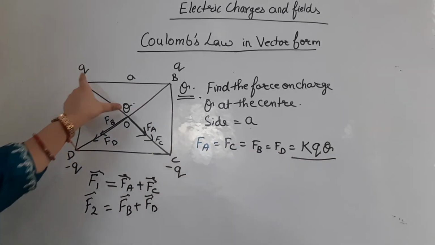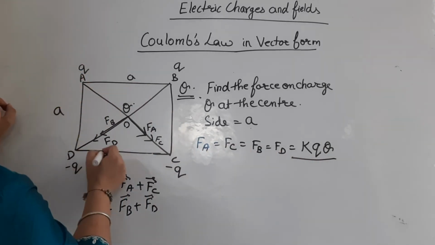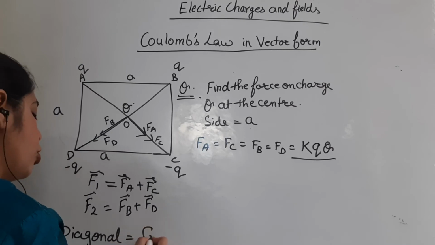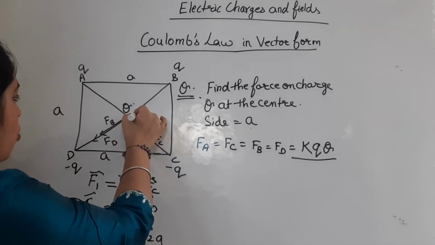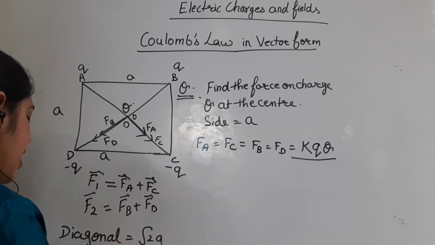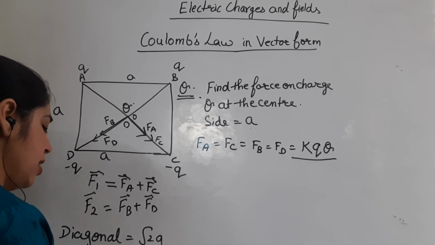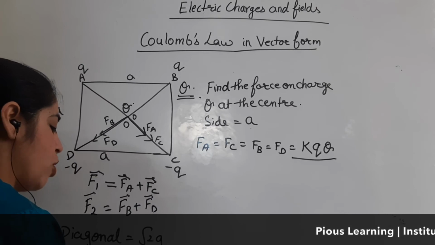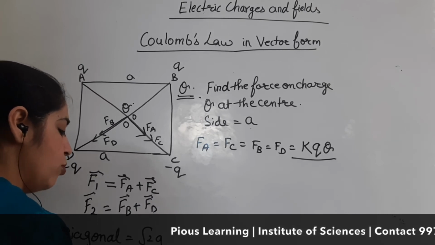Now what is this distance? If this is A and this is A, what is the diagonal? Diagonal will be root 2 A. Now the distance OA is half of the diagonal, which is equal to root 2 A upon 2, that is equal to A by root 2.